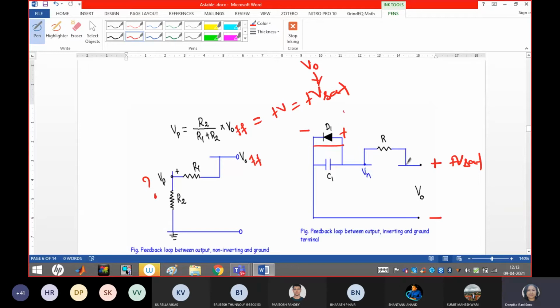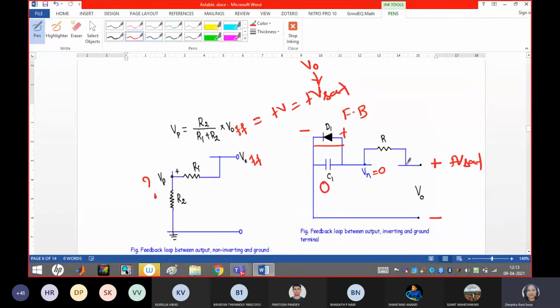It means the diode is forward biased, and because of that a short circuit happens. The diode is conducting in this plus Vsat case, the voltage across the capacitor was 0, and the voltage appearing at Vn was also 0. So this was because of the plus Vsat case.